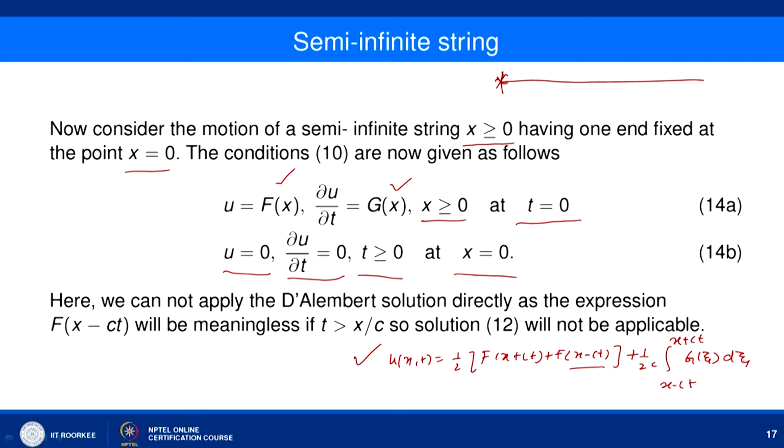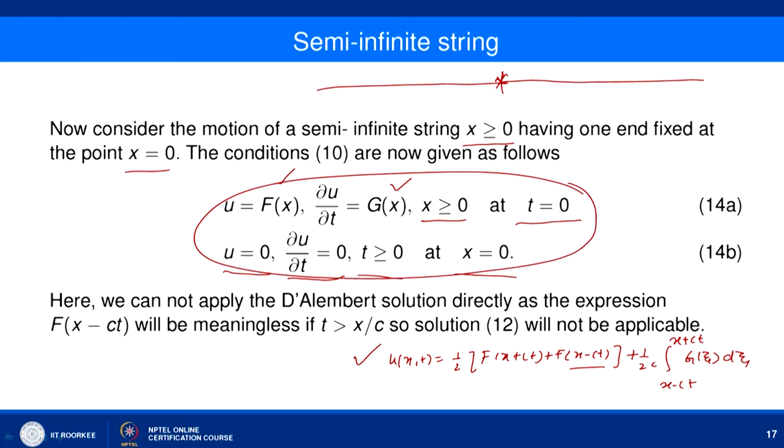So let us modify our problem a bit such that I can apply the D'Alembert solution to the semi-infinite string also. We extend the other half part in a way such that the considered problem is a particular part of this extended problem.